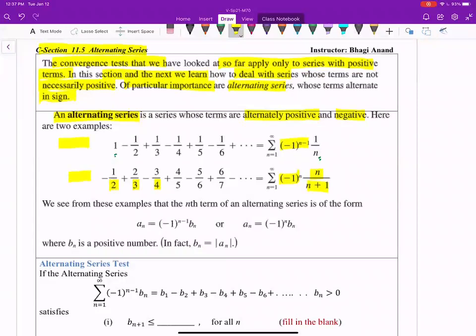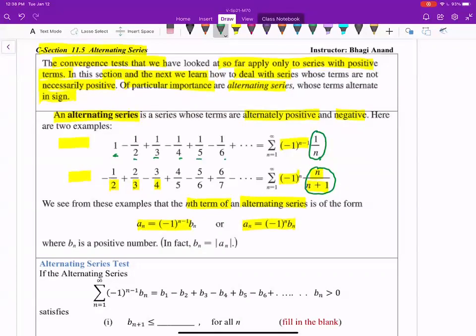We see from these examples that the nth term of an alternating series is of the form a sub n equal to negative 1 to the power n minus 1 times b sub n, or a sub n equal to negative 1 to the power n times b sub n. If we look at only this part, 1 over n or n over n plus 1, they are only the numerical parts of the term.